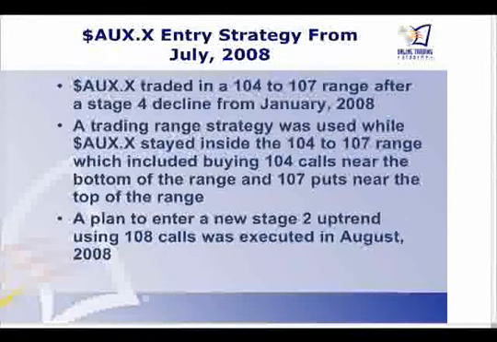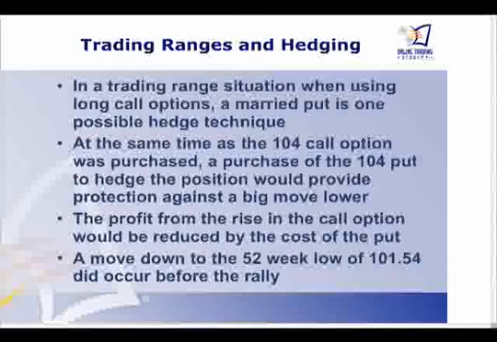Okay, so my entry strategy was, as long as we traded in the 104, 107 range, I would just buy calls near the bottom of the range, buy puts near the top, and make a plan to enter a breakout to the upside, a stage 2 breakout, by buying 108 calls, which again, they broke out of that trading range back in August of 2008, and so my position was entered on the breakout of the range.